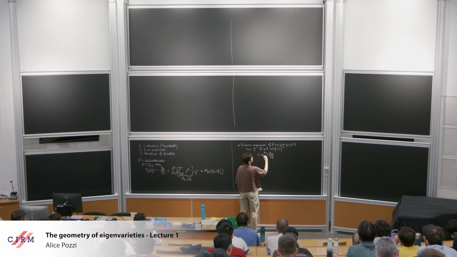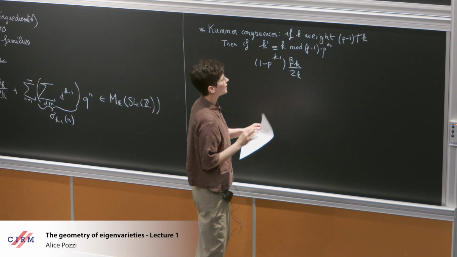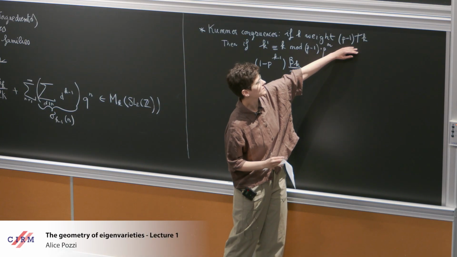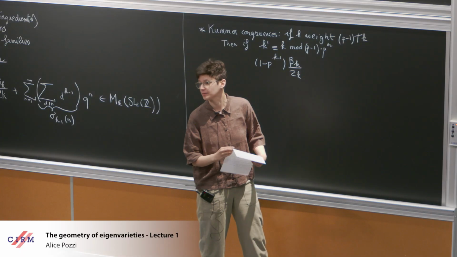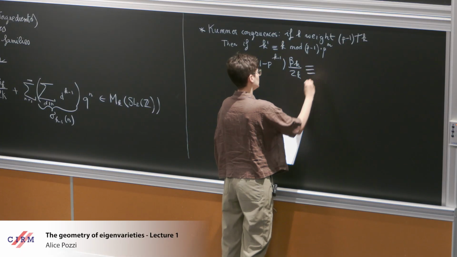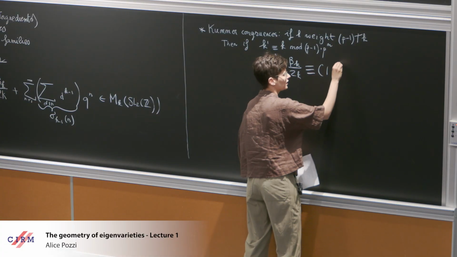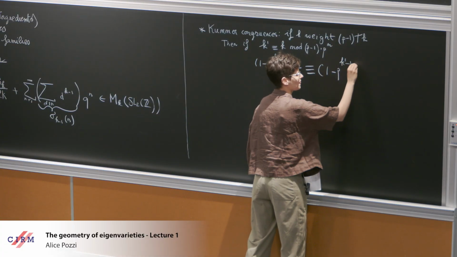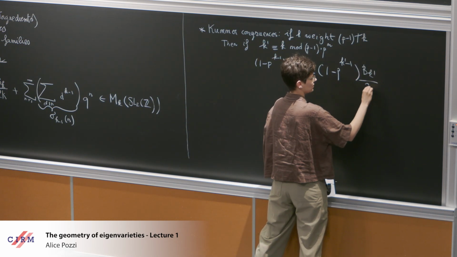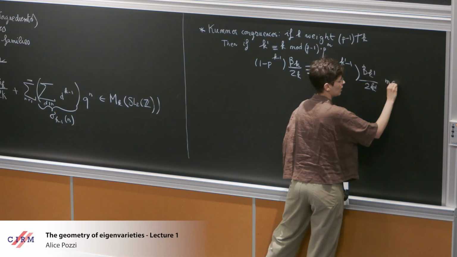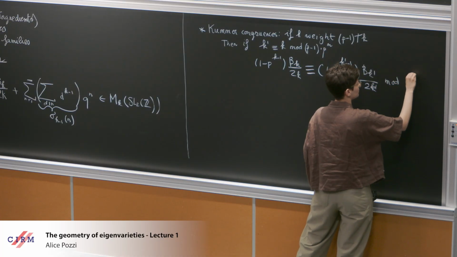I need this assumption that p minus 1 does not divide k, otherwise this is not going to be p-integral, so it doesn't make sense to say that. This will come back later. So these are congruent modulo p to the n plus 1.